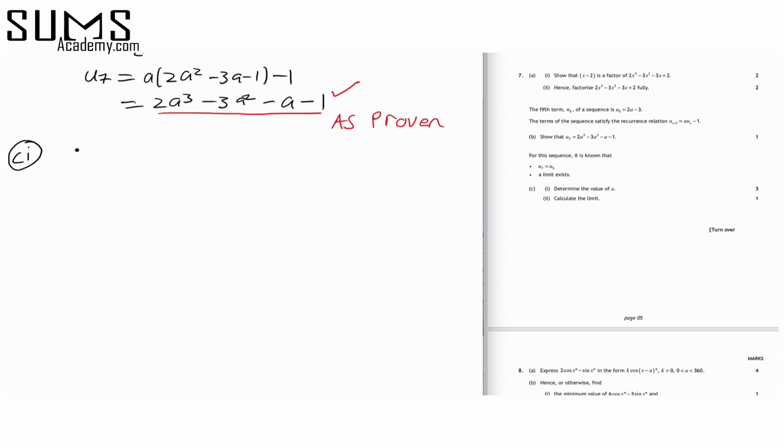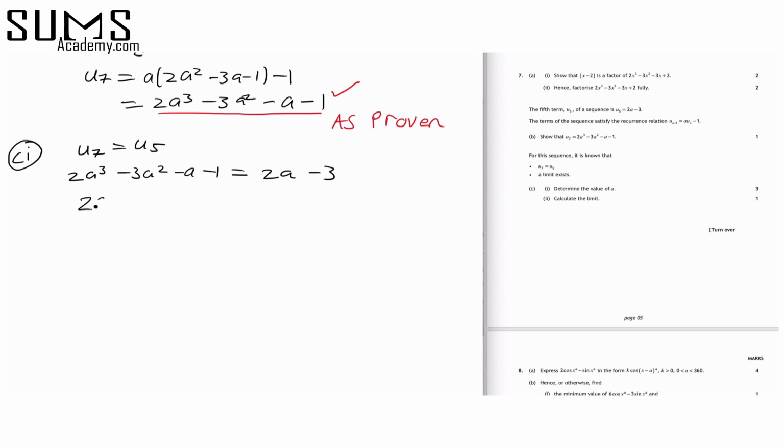So u7 equals u5. So u7 is equal to 2a cubed minus 3a squared minus a minus 1, and that is equal to 2a minus 3. So now we're going to move all these over to one side, set equal to 0, and then we're going to factorize it.